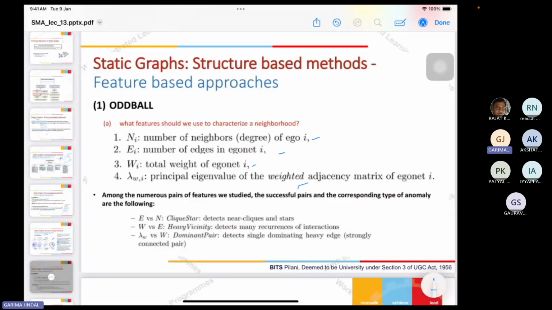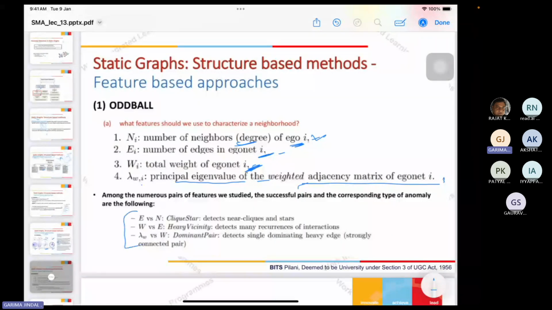They have considered the number of neighbors of each ego, that is the degree. Then they have considered the number of edges in the ego network, the total number of edges in the ego network. They have also calculated the total weight of the edges in the ego network. And they have also calculated the principal eigenvector of the weighted adjacency matrix of the ego network.